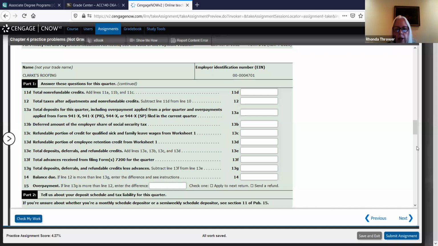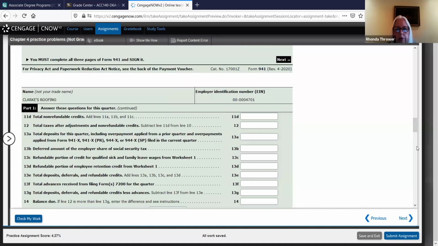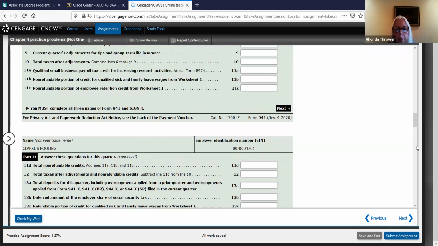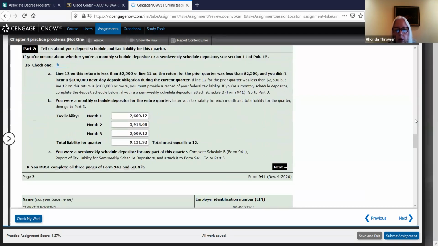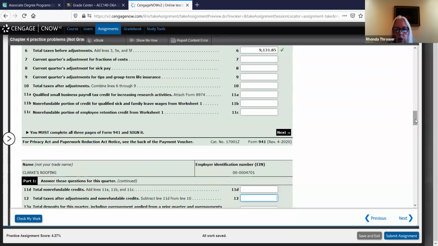So we're going to go back up to line 12. And that would go in here, line 12, $9,131.92.